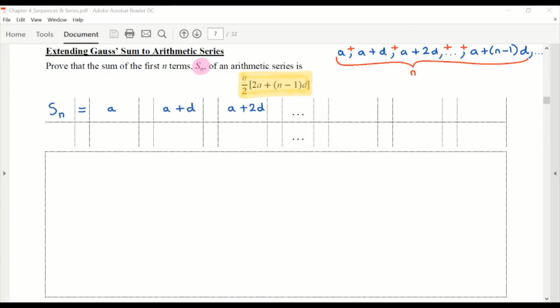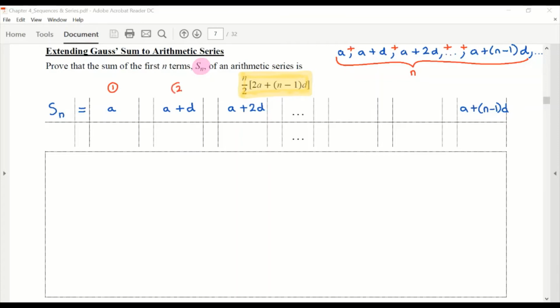Now then, for the first n terms, that means I've got to end with a added to n subtract 1 multiplied by d, which just fits in that box, because I've got to have n terms. And I just want to recap this because this is important. Remember that the first term has 0d.